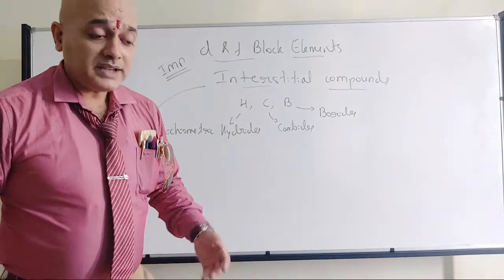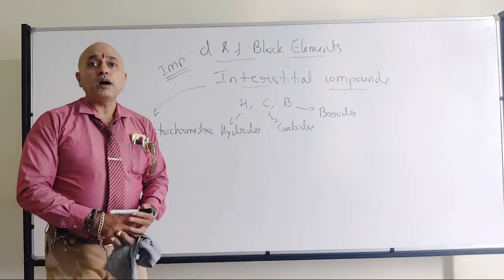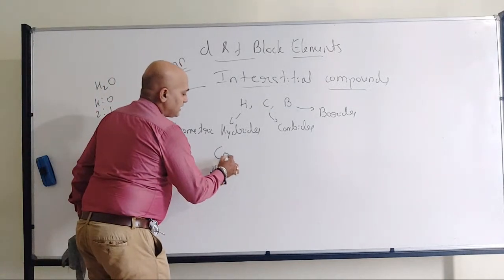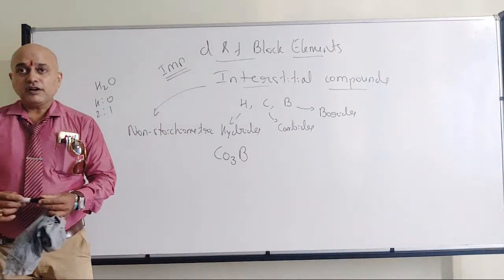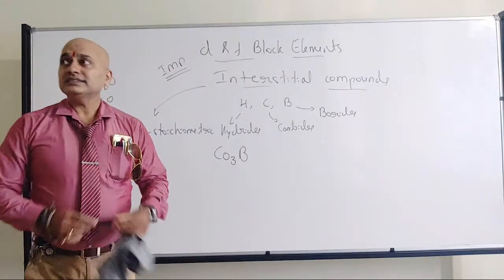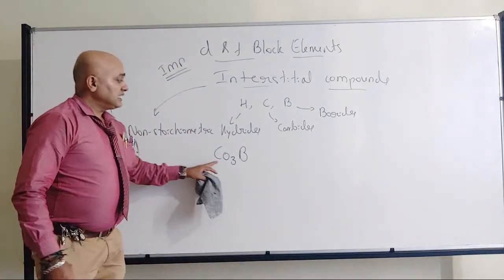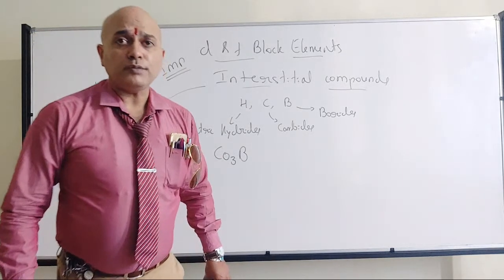Okay? So in some of the cases we can define cobalt boride. They will write it as cobalt boride, Co3B. Now the point here is it is not exactly same as that of their molecular formula.